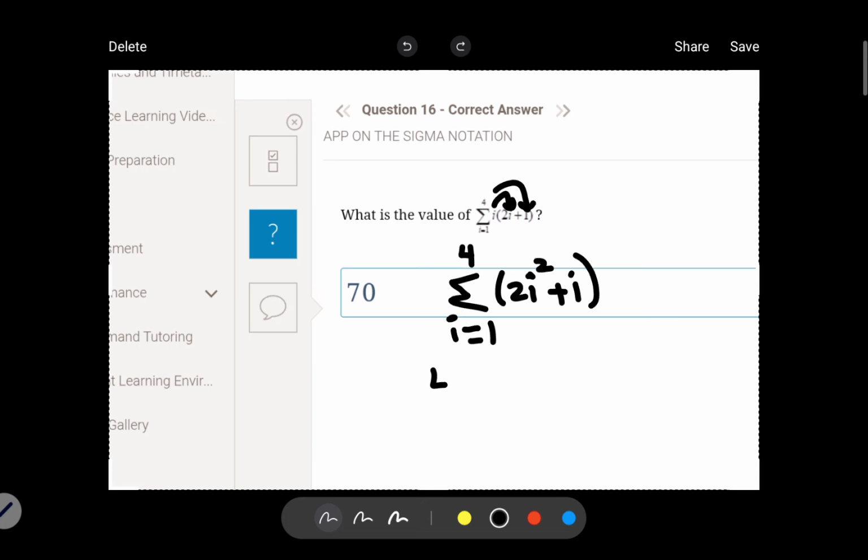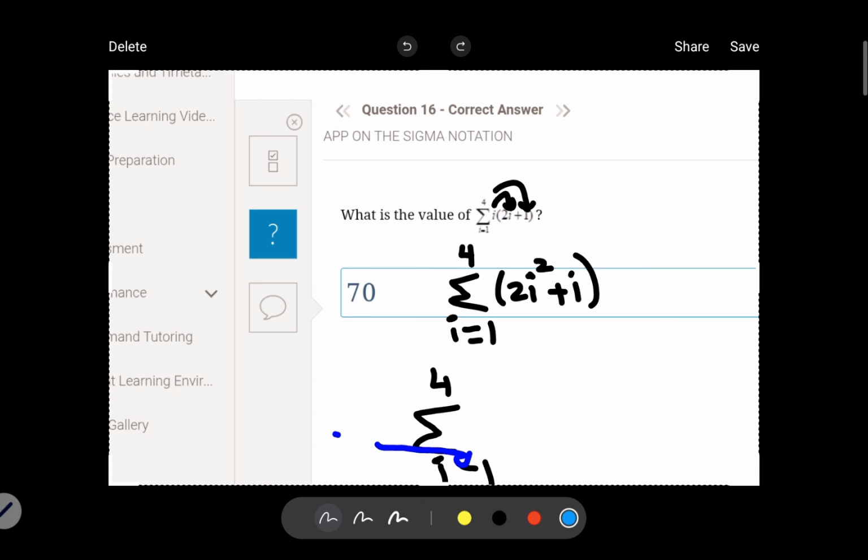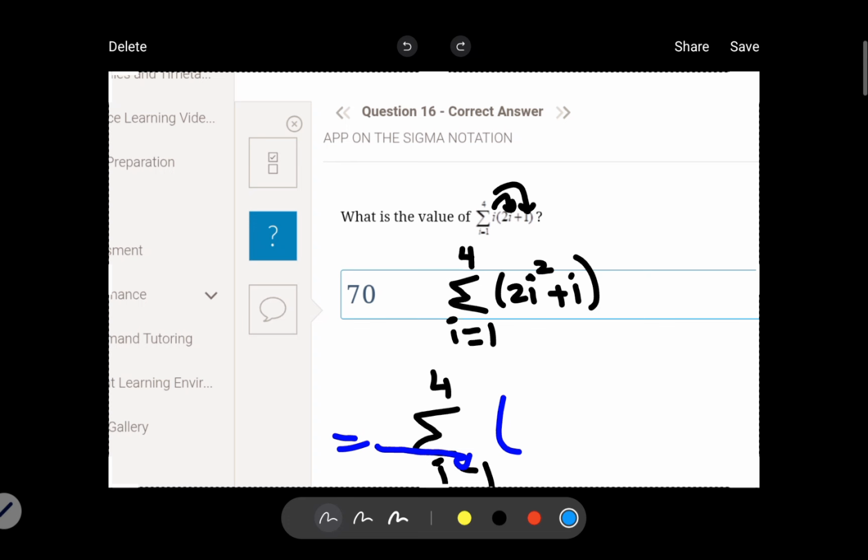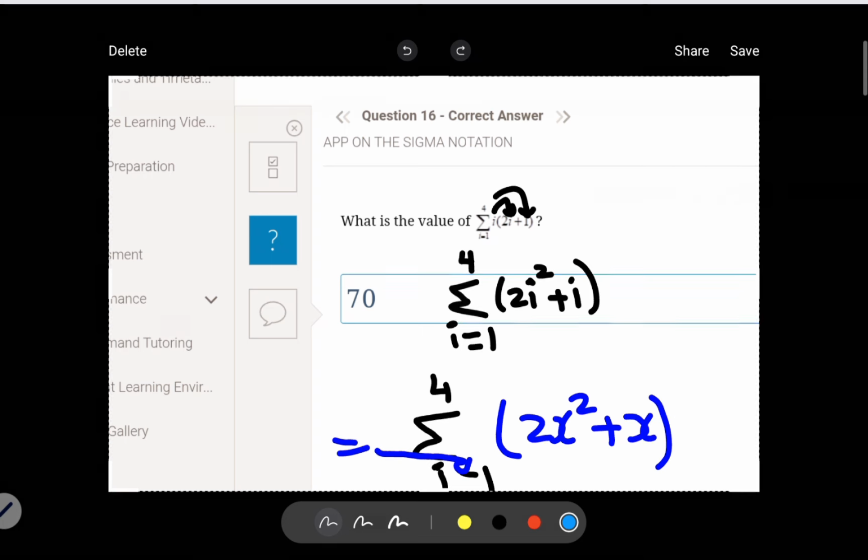You put 4. Okay, here it's going to be i equals 1. Alright, this is an equal, guys. Okay, and then 2x to the power of 2 plus x. That's how I put it on the calculator.